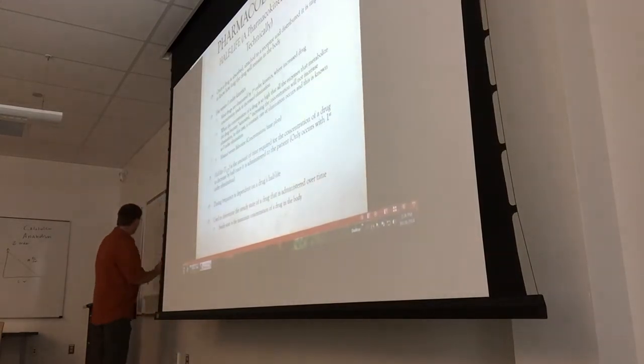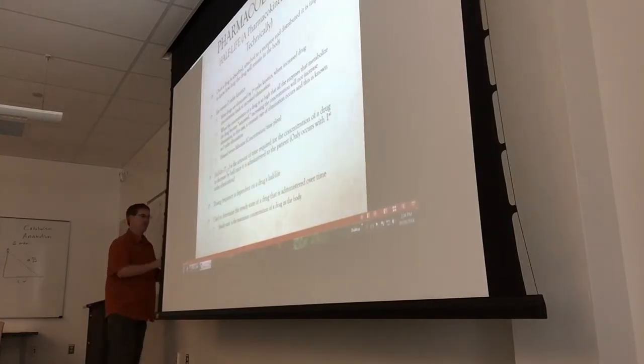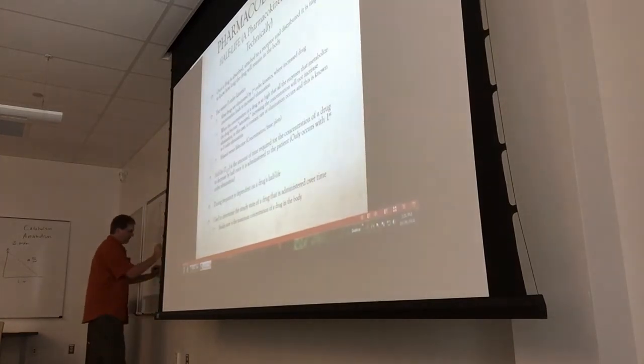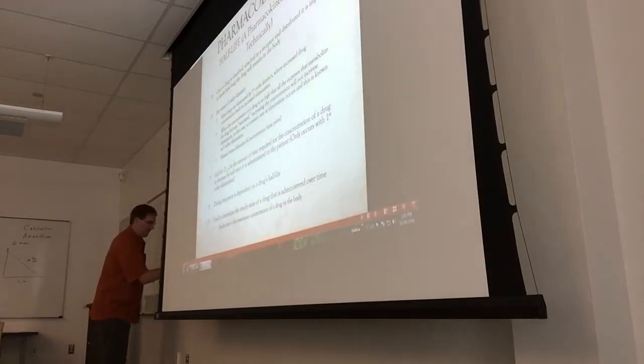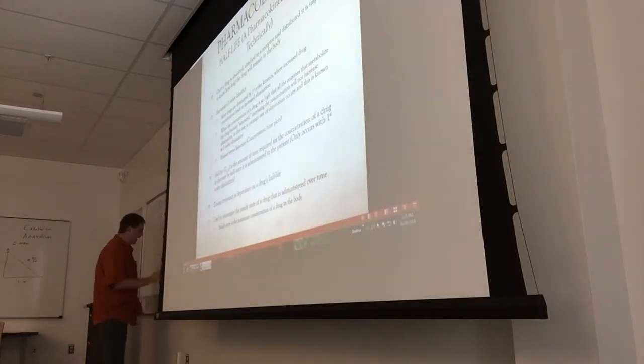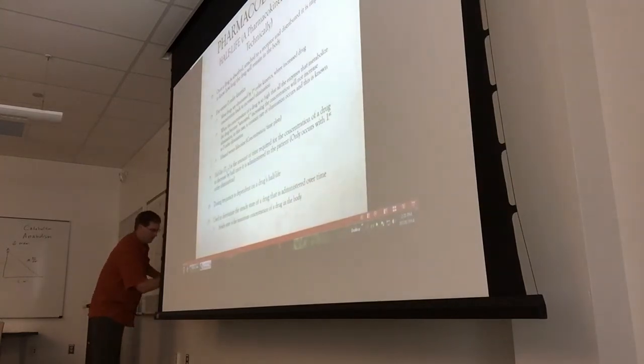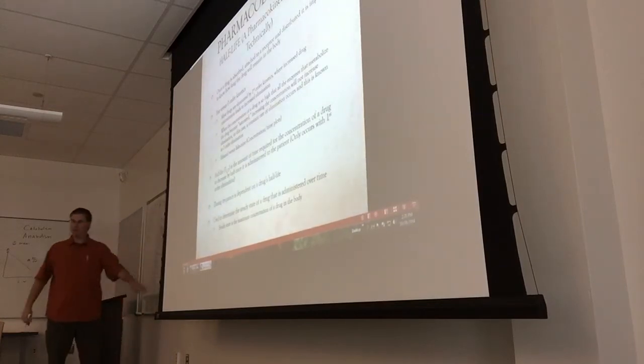And then after 3 half-lives, so 15 minutes, I'd have 12.5 milligrams. And then after 4 half-lives, 6.25 milligrams. 5 half-lives, 3.13 milligrams, 1.5, and so on and so forth.